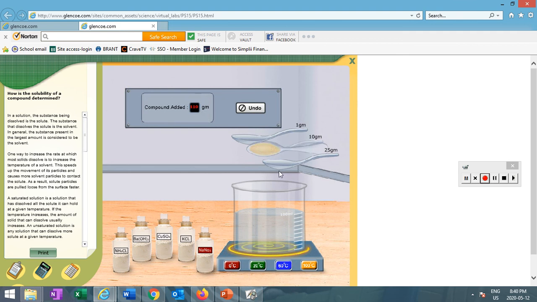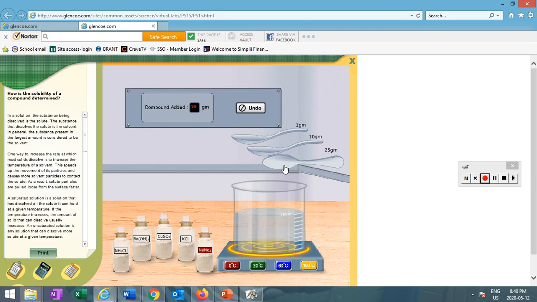Oops, sorry, clicked the wrong one. 120. 121. 122. 123. Must be 124. Oh, nope, 123. Okay, so 123 at 60 degrees, then 100 degrees Celsius.